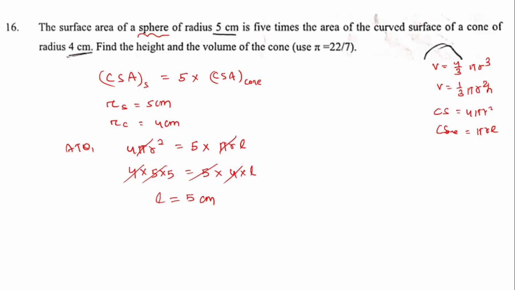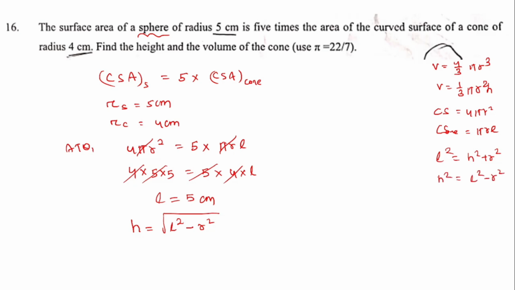Now the question is, find the height. So how to find the height of the cone? The height of the cone formula is the square root of L square minus r square. Also remember the L square formula is h square plus r square. Similarly, h square equals L square minus r square.